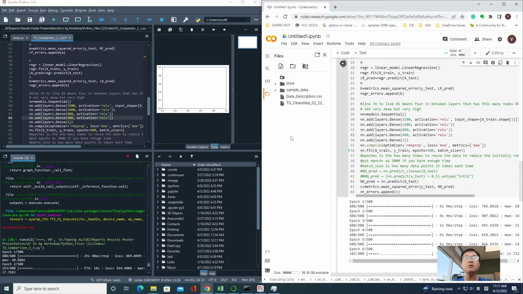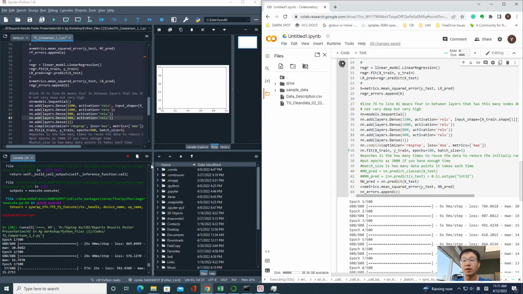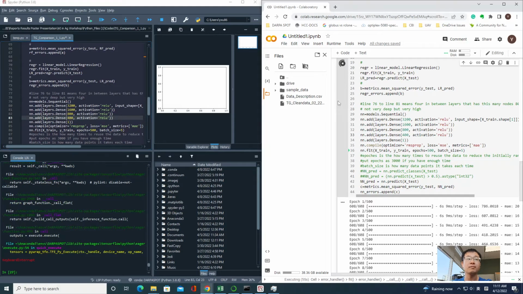However, CPU requires 40 milliseconds per step. That is about 4 to 5 times of the GPU running time. Quite impressive, right? That means running this on GPU is about 4 to 5 times faster than running it on the CPU.